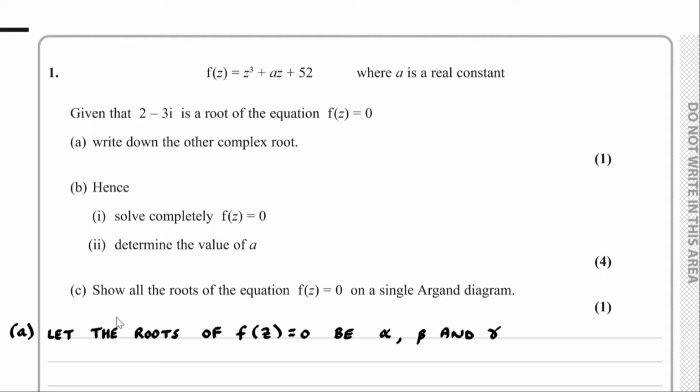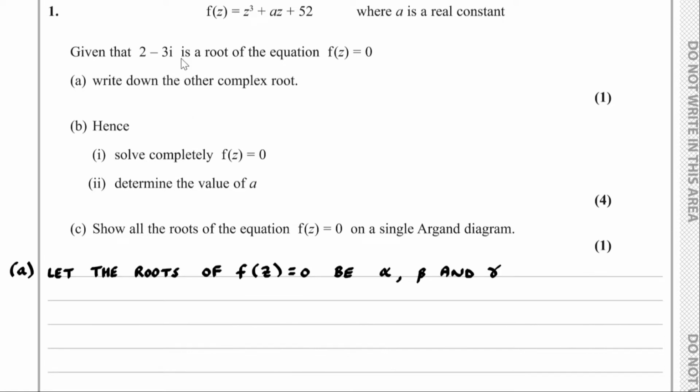Well, for part A, we begin by letting the roots of f of z equal 0 be alpha, beta and gamma. We already know one of the roots of f of z equals 0. That's 2 minus 3i. And so what we will do here is we will let alpha equal 2 minus 3i.